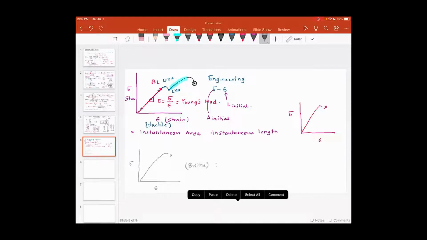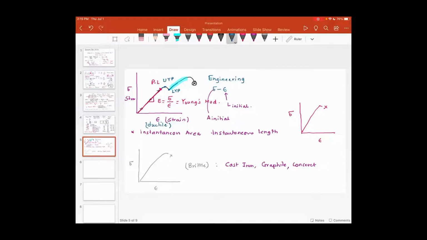Now, what are the typical examples of brittle material? Examples are cast iron, graphite, concrete. What are the examples of ductile material?